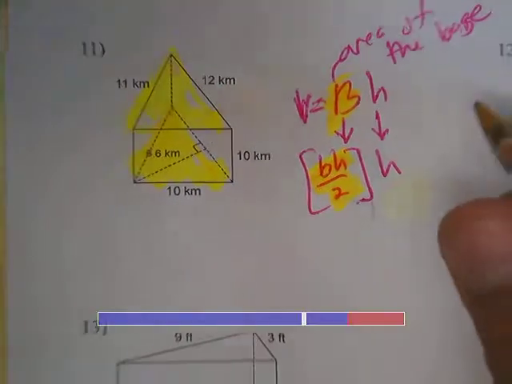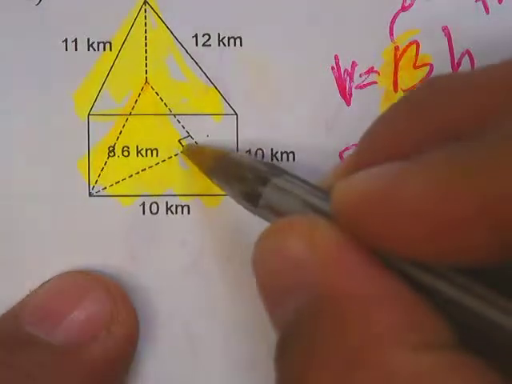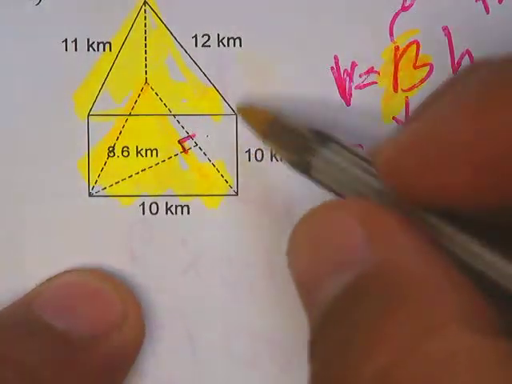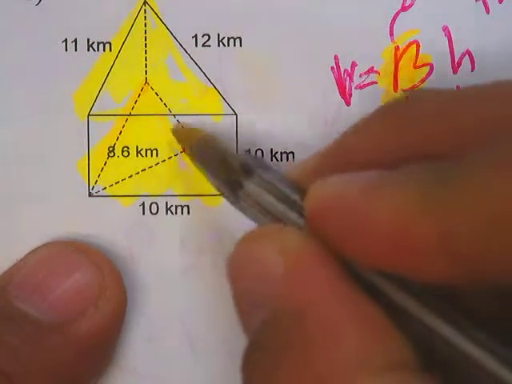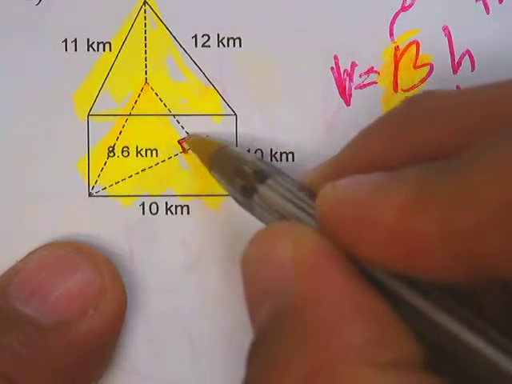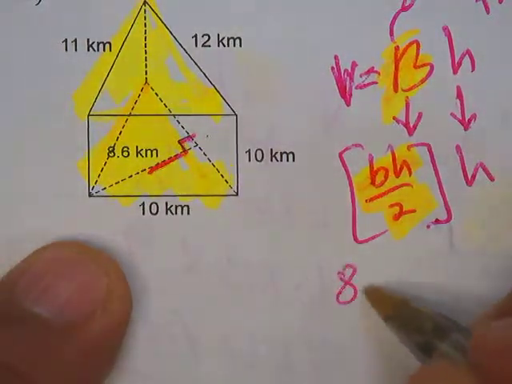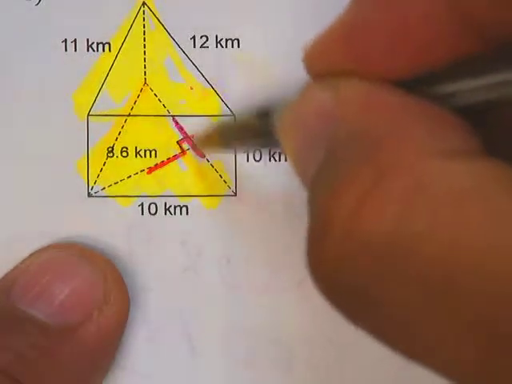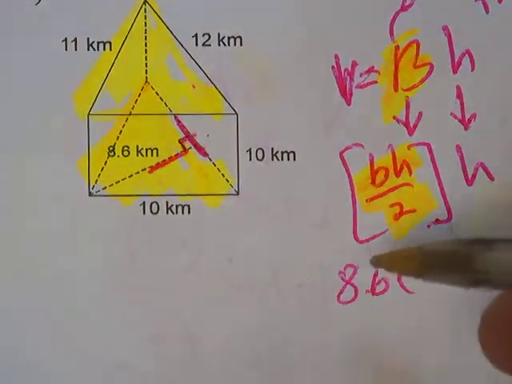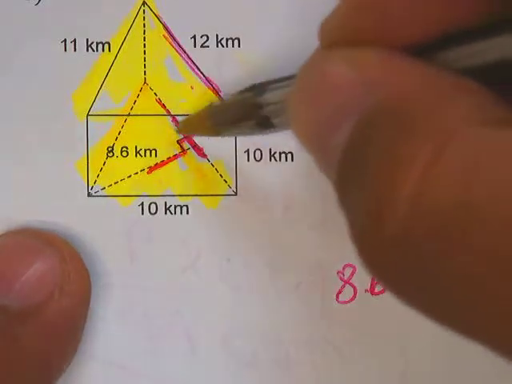And so how do I know what to use, what two sides to use? Well, that little square there is a right angle. That means they have perpendicular lines. So that means I'm going to use the lines that touch this little right angle or this little square. That's 8.6 there, 8.6 times, this is also touching that right angle or that little square, and this is parallel to him.